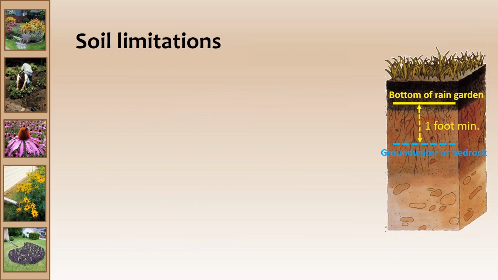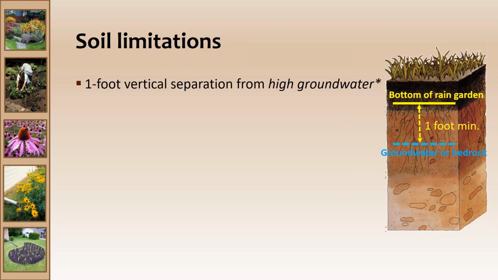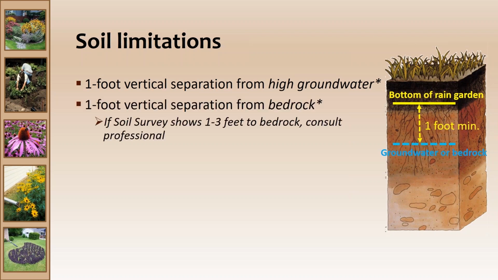Soil limitations, I would say that as with all infiltration best management practices, soils are the number one issue and the biggest reason for practice failures. As far as this standard, we included a 1-foot vertical separation from groundwater as a minimum, a 1-foot vertical separation from bedrock as a minimum as well.